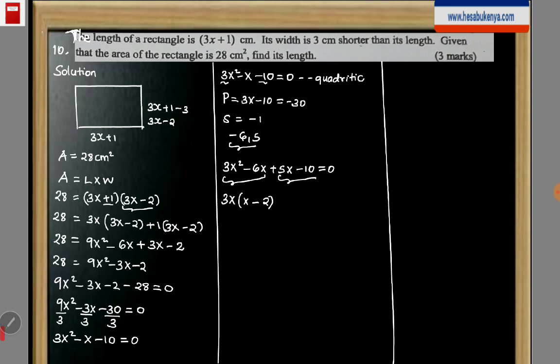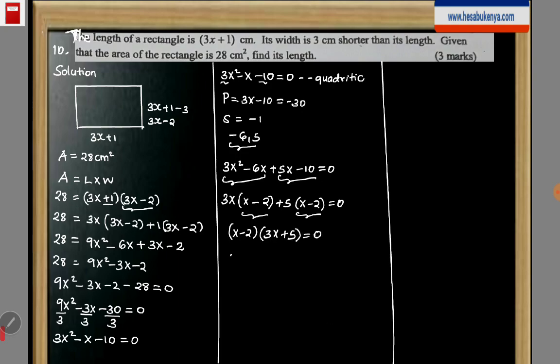Then comparing these two, 5 is common, so we factor it out to have x minus 2, which is equal to 0. Now, these two are similar. So we have x minus 2 multiplied by 3x plus 5, which is equal to 0.